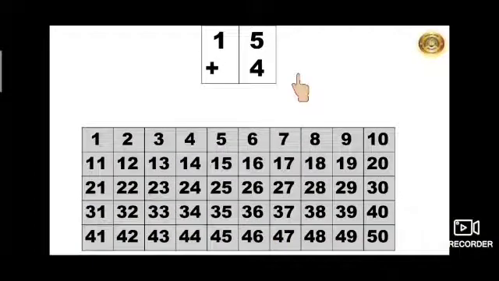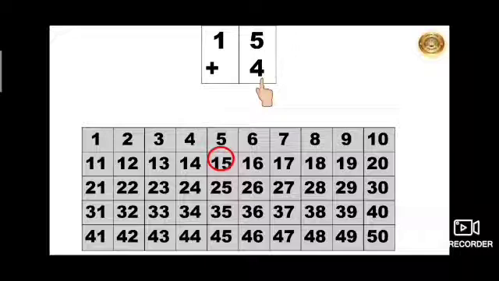Now children, we will take some addition problems and solve them with the help of counting forward. Here we have 15 plus 4. You have to take the number 15, which is greater. Put your finger on number 15. Then how many steps we have to take?